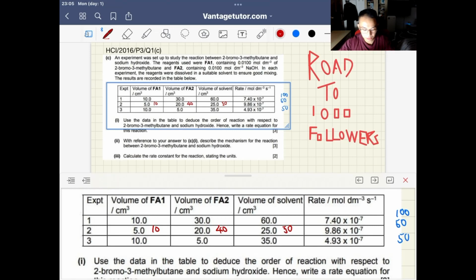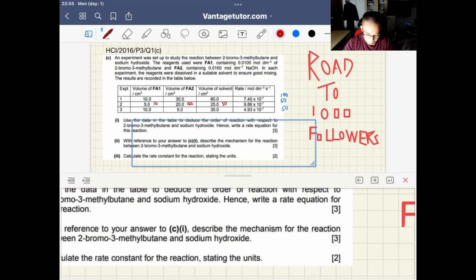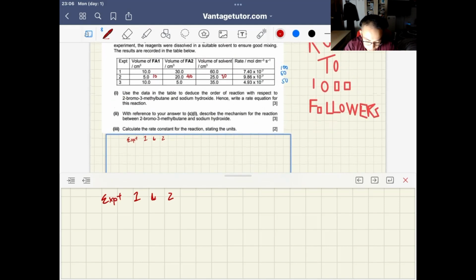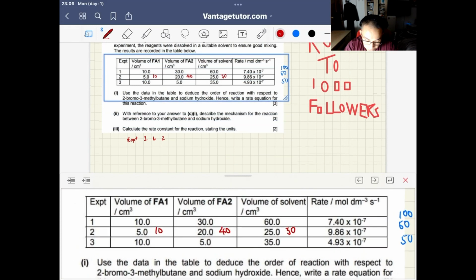From here is something that you are very familiar with, which is essentially you can just do your comparison. So if I compare experiment 1 and 2, you can see Fa1, the volume is the same. However, Fa2, the volume has been divided by 3 times 4.